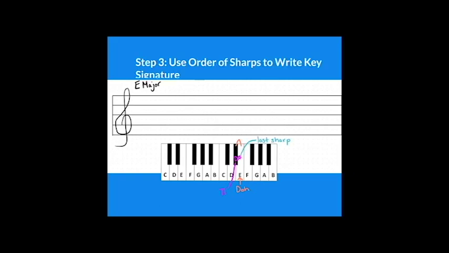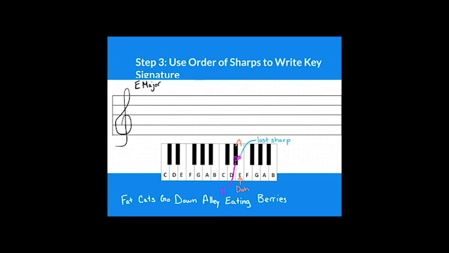So now we need to think about our order of sharps. Fat, cats, go, down, alleys, eating, berries.